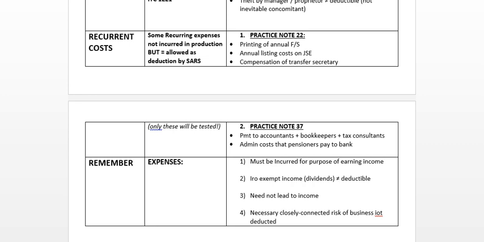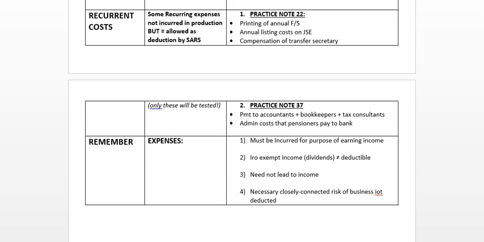These are actually allowed as deductions by SARS. It's just your normal costs for the company in preparing the financial statements and payments to your accountants and bookkeepers, again for the carrying on of a trade. So yes, it is deductible.